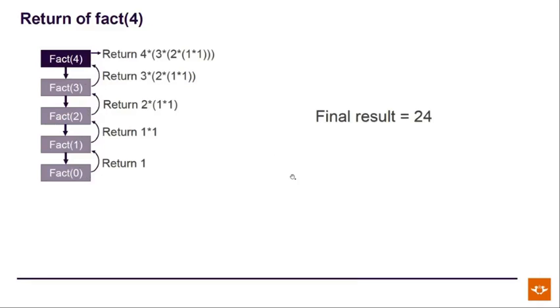Now, you're probably thinking, okay, I could have done this easier using a for loop and just saying, we'll code it out, but for i equals 1 to 4, and we just keep on multiplying the value by the next value, and then we'll get the same result.